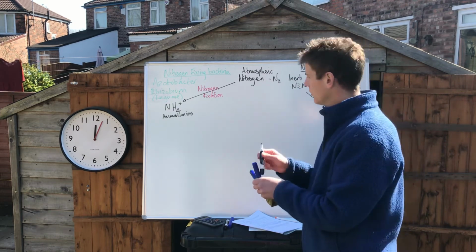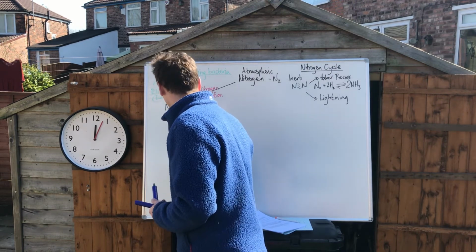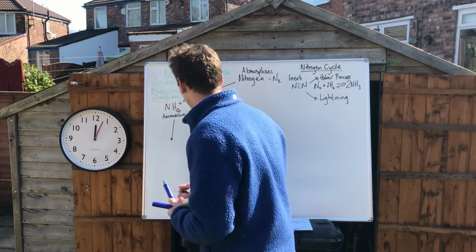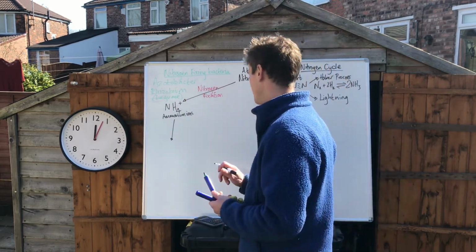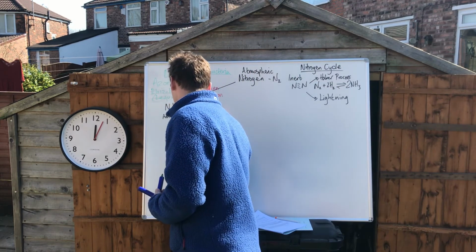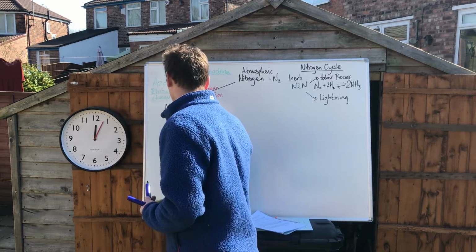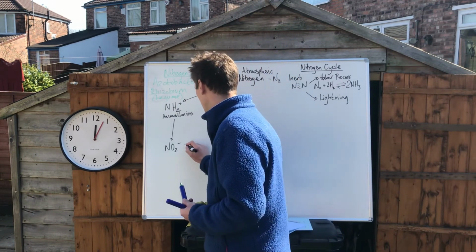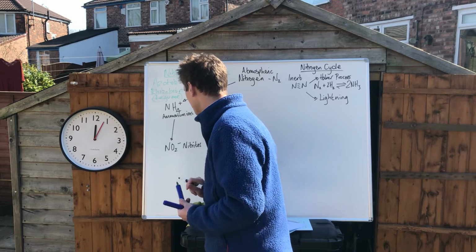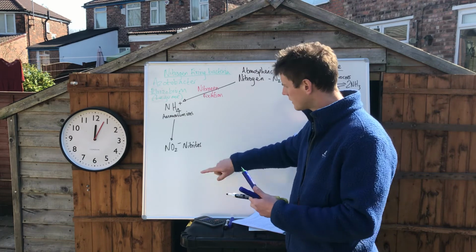And this process is called nitrification. So first, the ammonium ions are converted into nitrites, NO2 minus, of course, and these are called nitrites. So it's oxidised from ammonium ions into these nitrites.